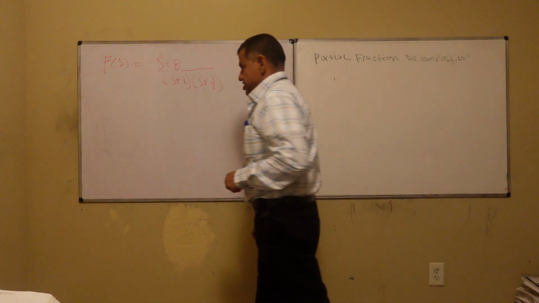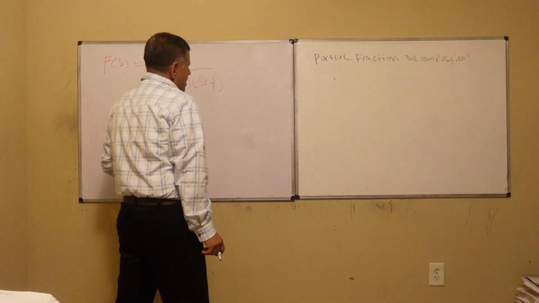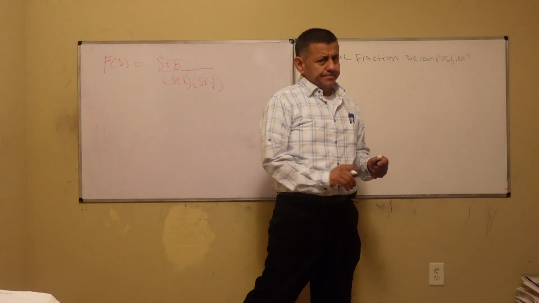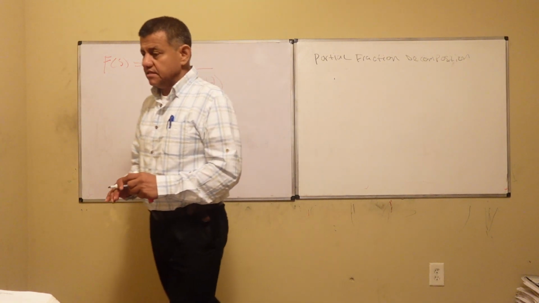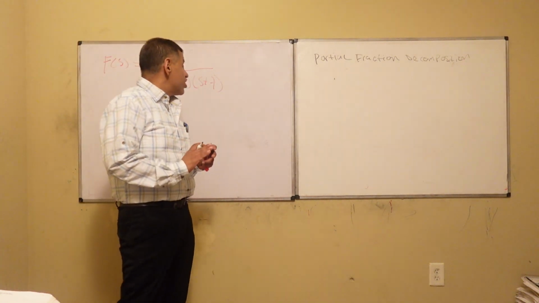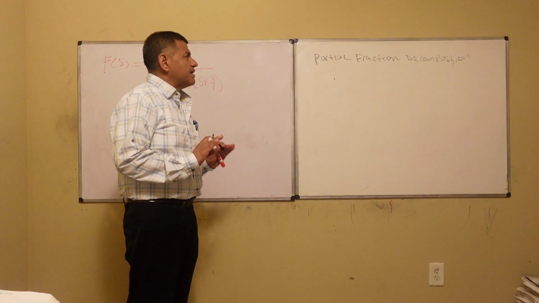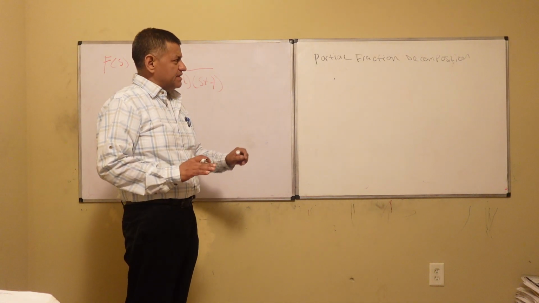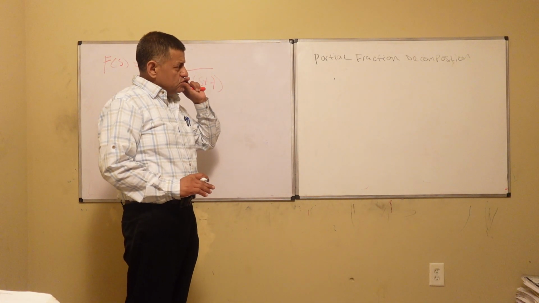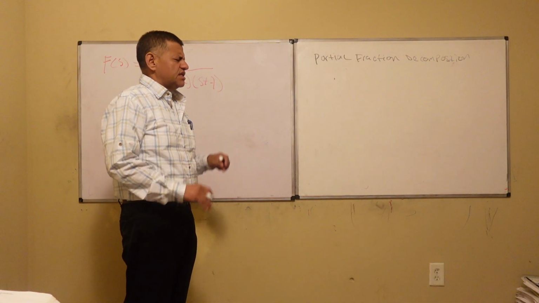Partial fraction decomposition, that's the first method. It's a little more complicated, but at least you get more understanding. I think by doing it that way, you get more practice in mathematics, and you have a better understanding of the problem.